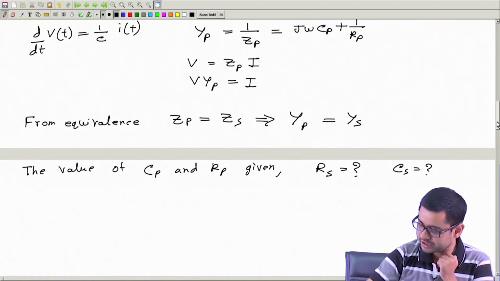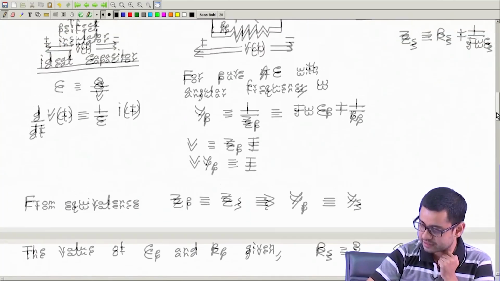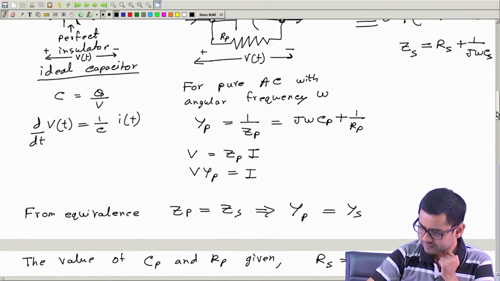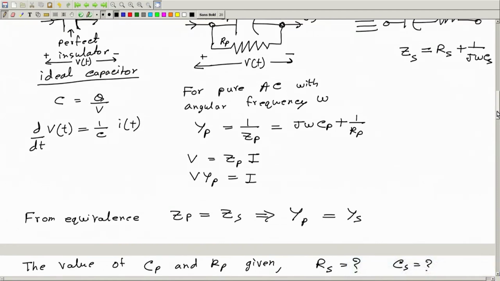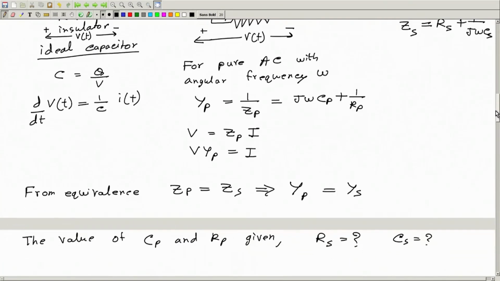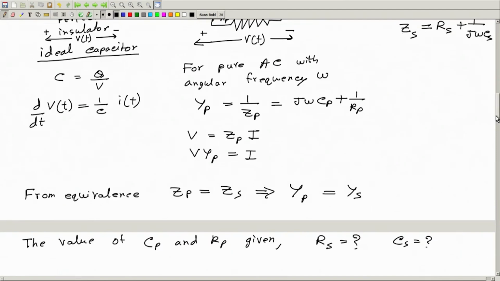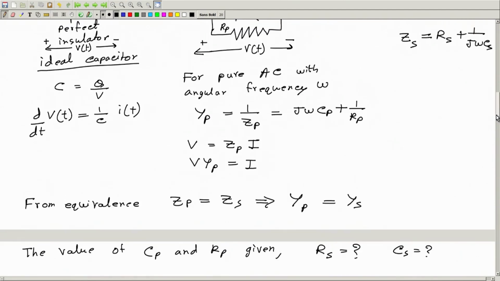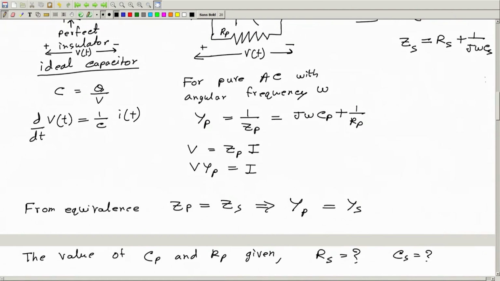We have to do it in a way such that it becomes easy. So, let us first write it in terms of admittance. Yes, I think it will be easier if we do it in terms of admittance.